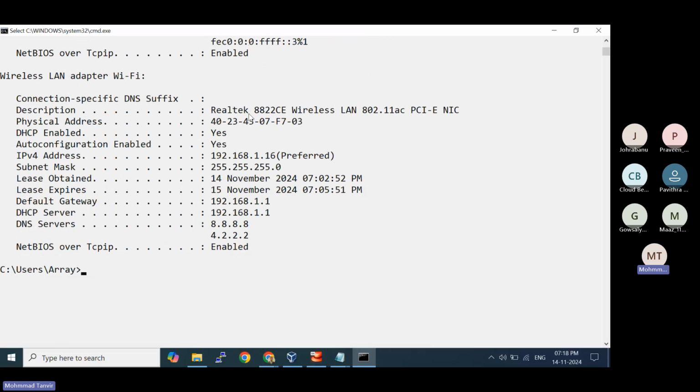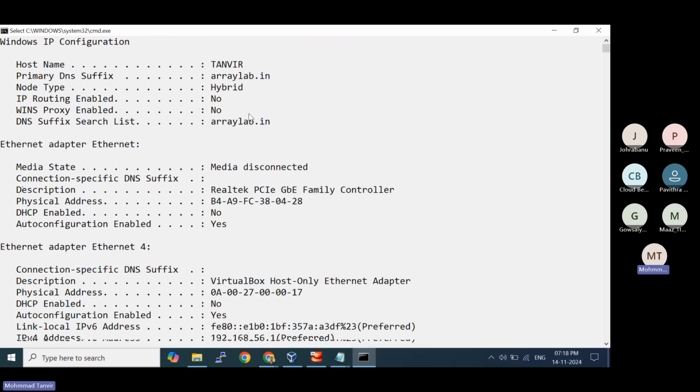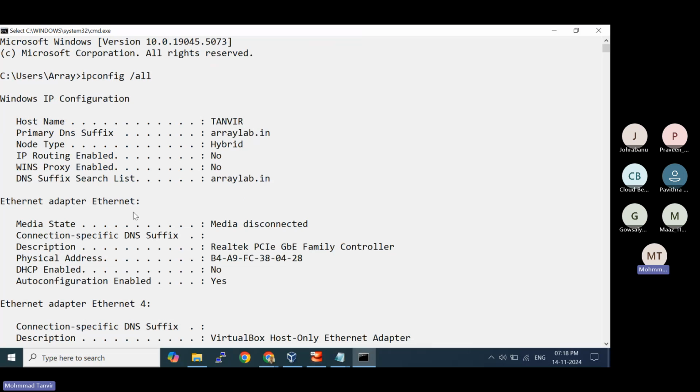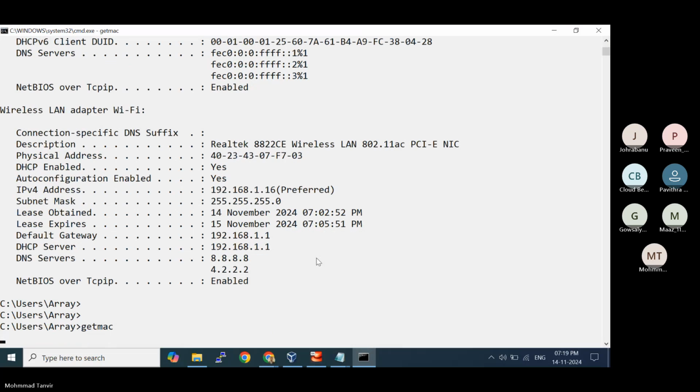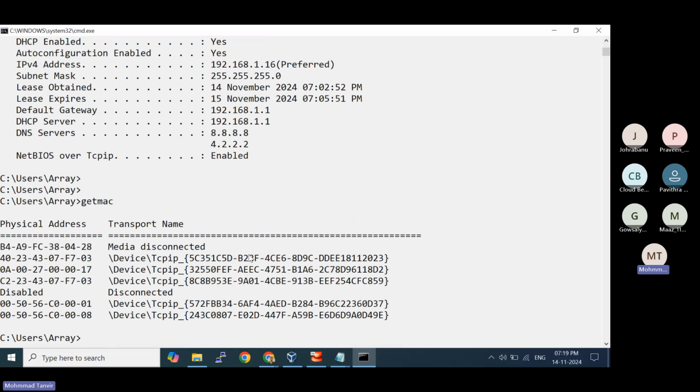For every interface, the MAC address will be different. Here you see the Ethernet adapter, where I have not plugged in the cable. For that also we have a MAC address. Another command we can use is getmac. With this also we can get the MAC address, but here it is very tough to identify which MAC address belongs to which interface.